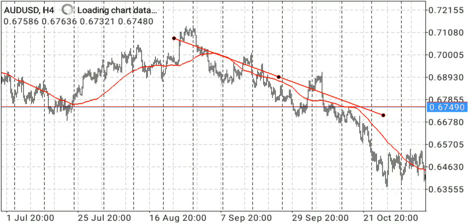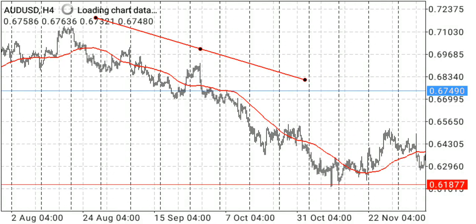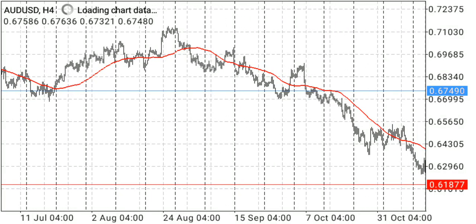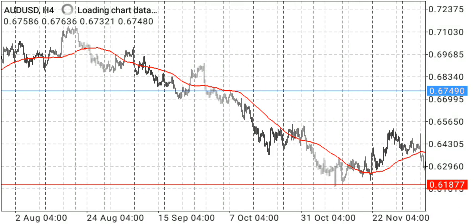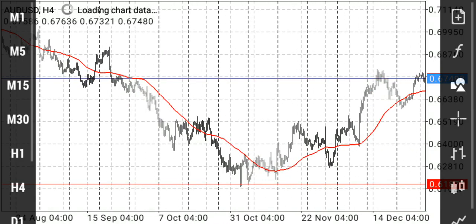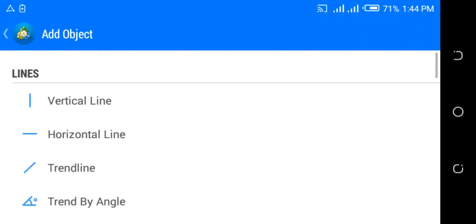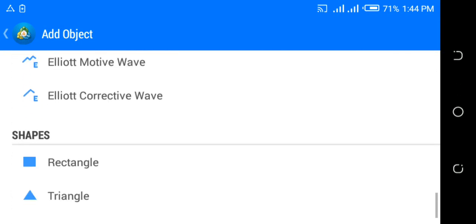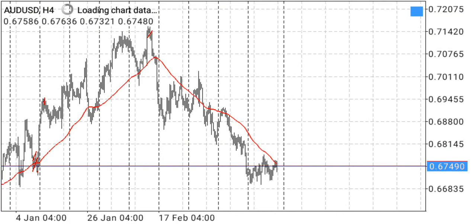This is actually bearish. One thing I wanted to point out is whenever the moving average is on top of the price, it shows that the market is bearish. And once the moving average is in between price, like this here, it shows the market is not moving in a particular direction.